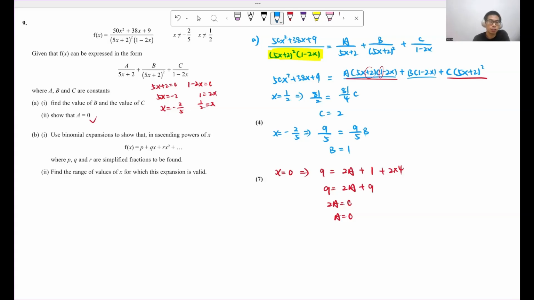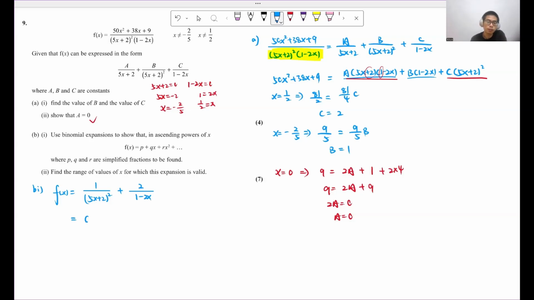So just binomial expansion, and we can use the partial fractions we did in part A. Therefore f(x) is equal to, since a is equal to 0, ignore the first term, and b is equal to 1, so that would be 1 over (5x plus 2) squared. And c is equal to 2, so that would be plus 2 over (1 minus 2x).